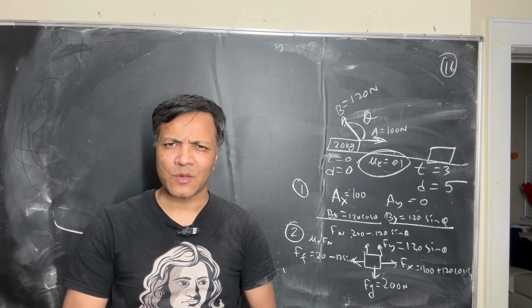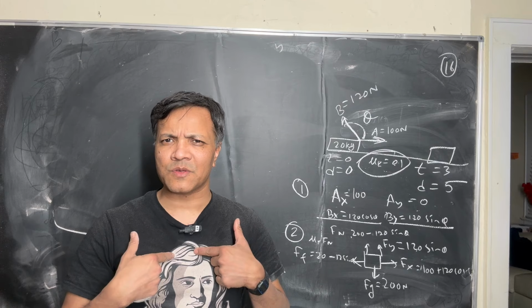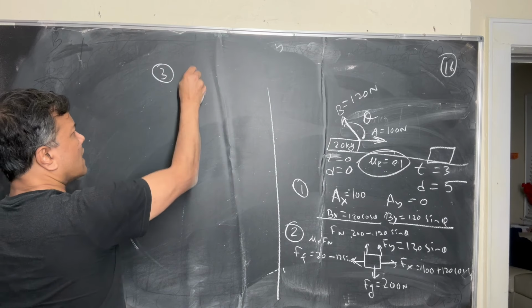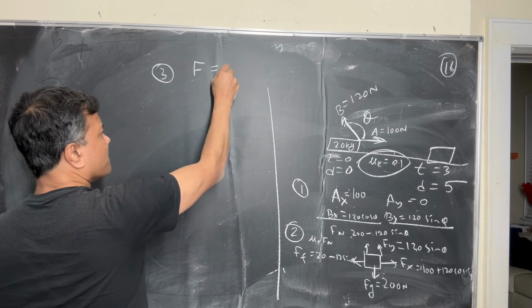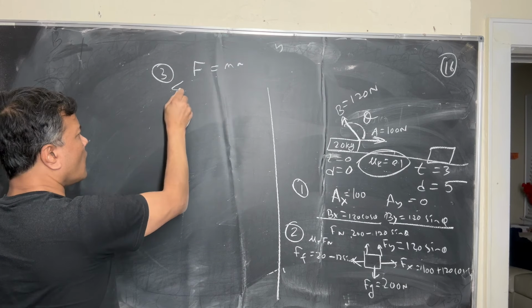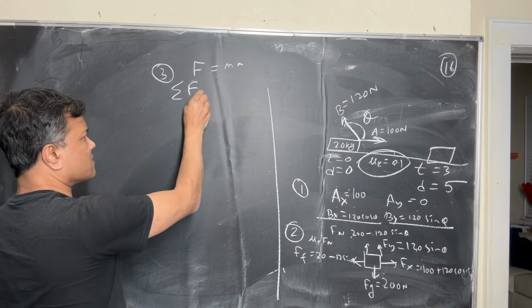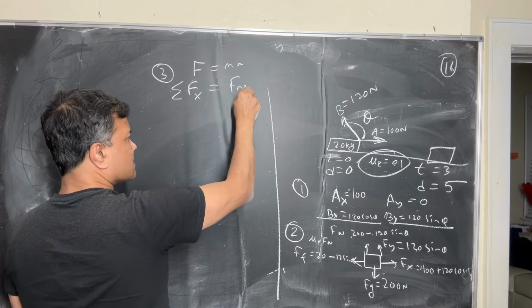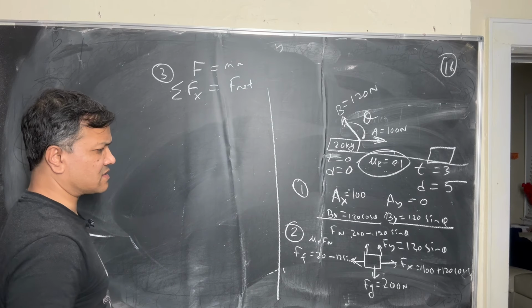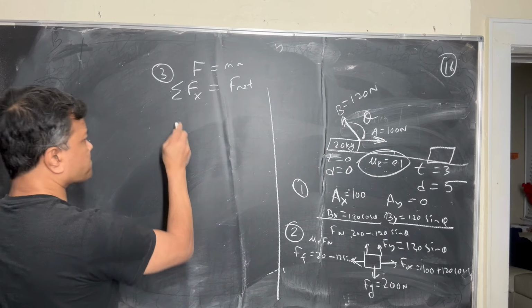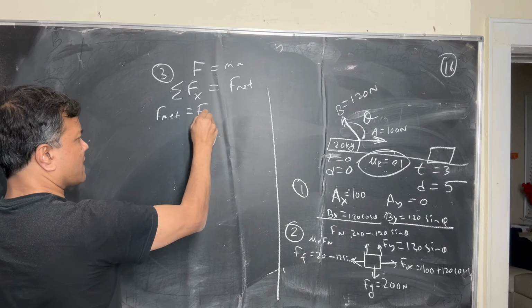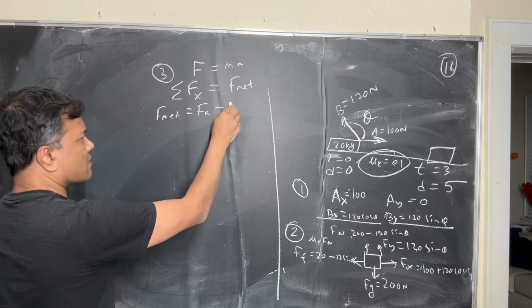Now, once you finish the free body diagram, you always use Newton's second law: F equals ma. All the forces acting in the x direction. We're going to call it F net, because ma is equal to F net. So F net is equal to Fx minus Ff.